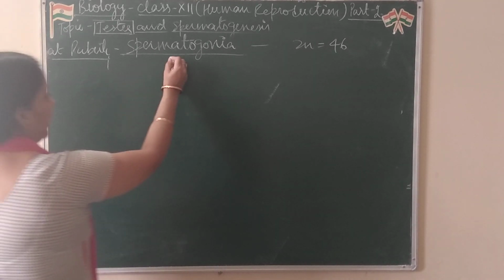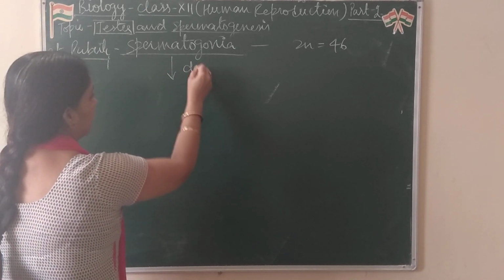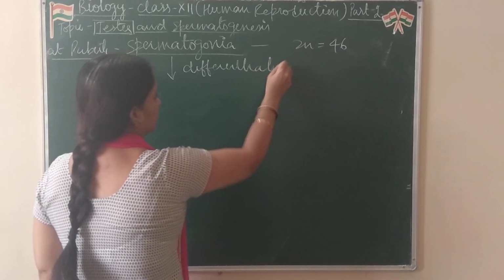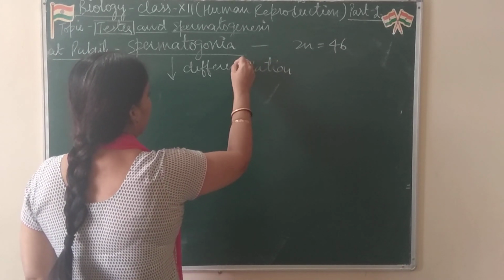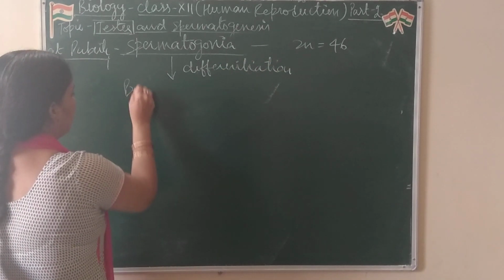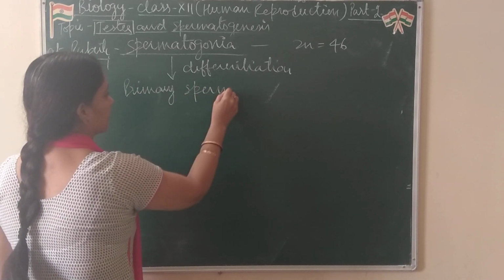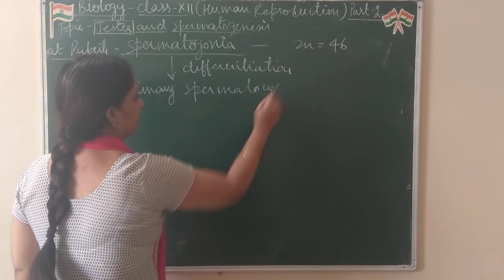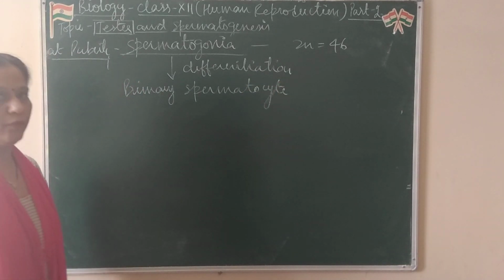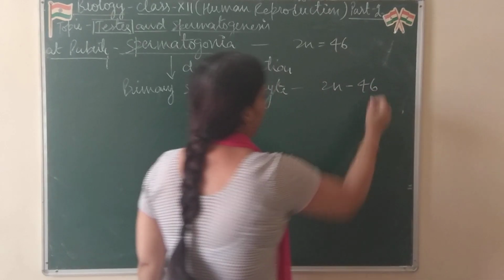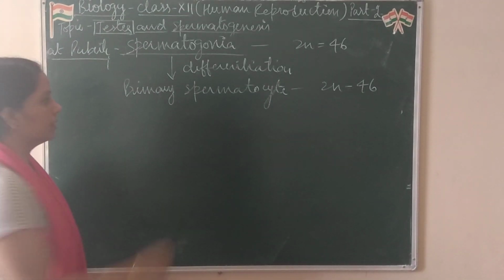So at puberty, spermatogonia undergo differentiation and form primary spermatocytes. Differentiation is a kind of mitotic division, so the number of chromosomes in the primary spermatocyte remains the same.